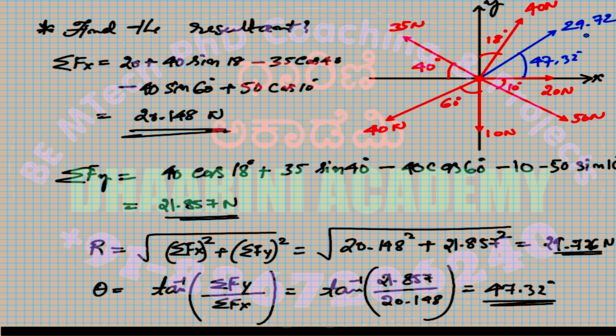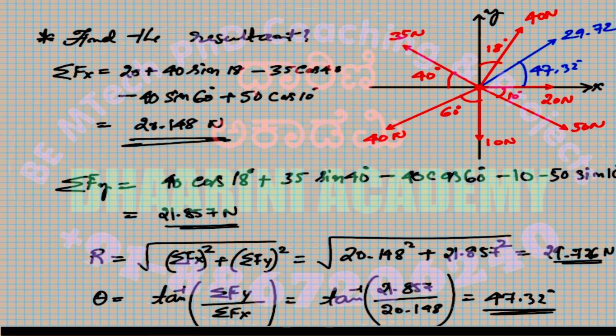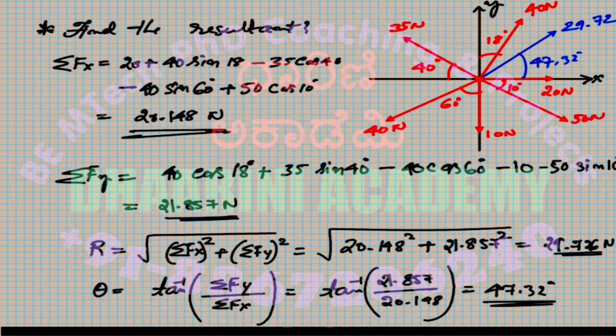See, this is the resultant of this whole system. Can you replace all these forces by a single force? Yes, the answer is you can remove the six forces and replace them by a 29.72 Newton force, making an angle theta of 47.32 degrees with respect to the x-axis. All right, so that's the first part.